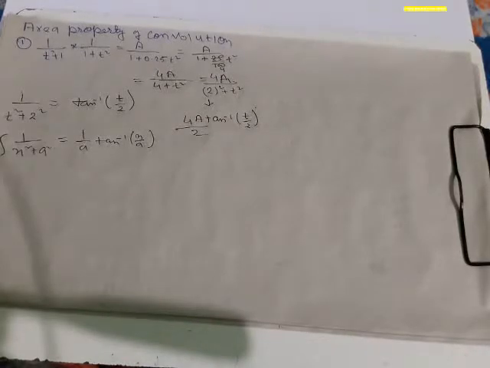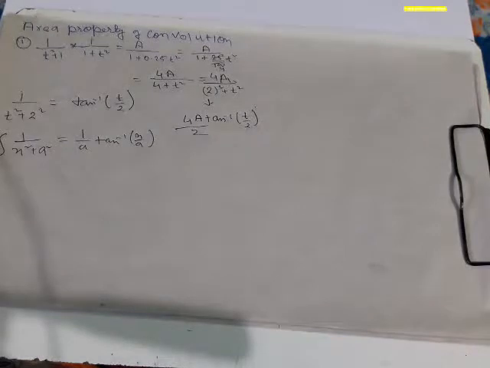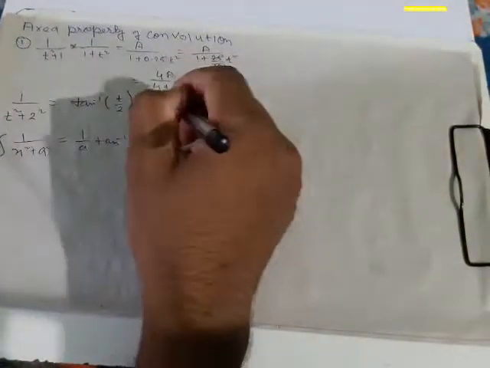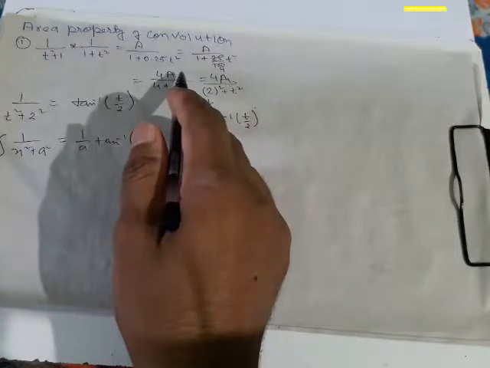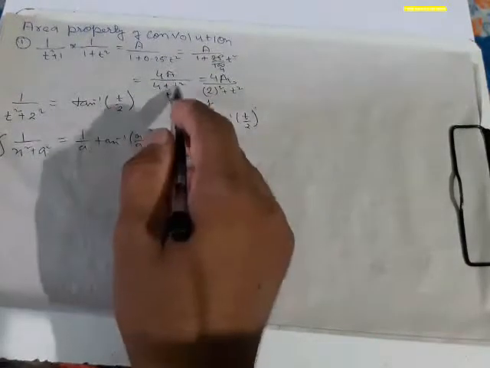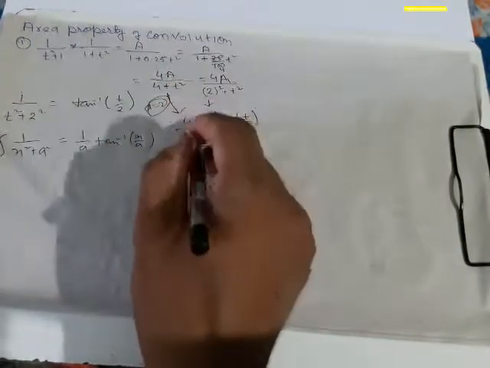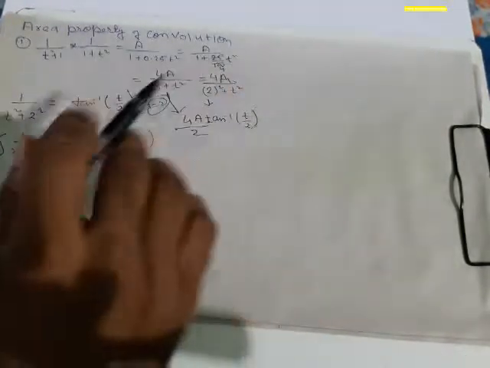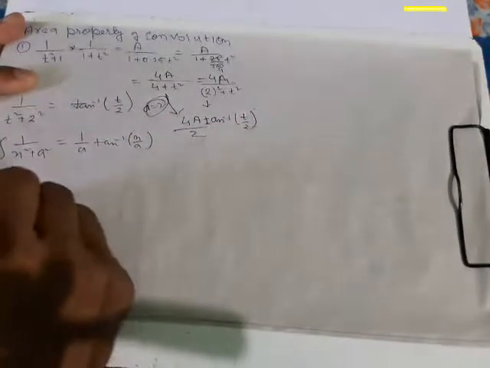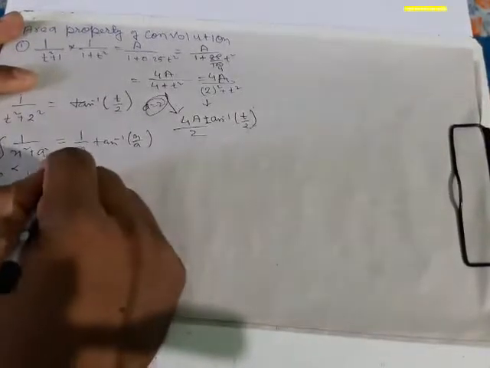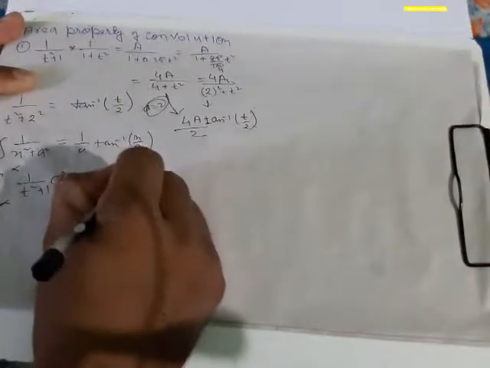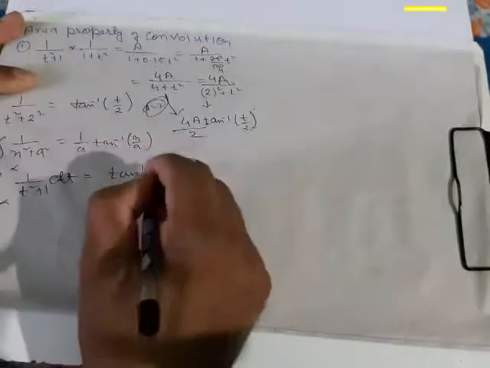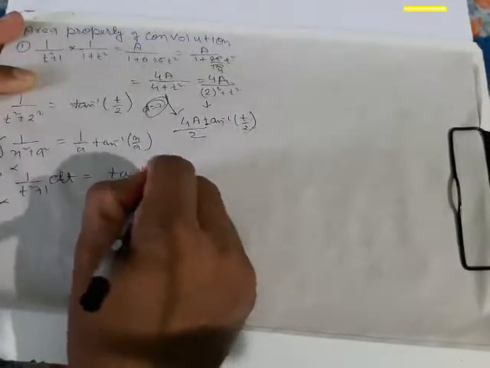That is tan inverse of infinity at 90 degrees, so it is pi by 2 plus pi by 2, that is pi.